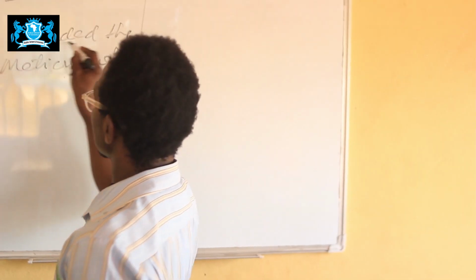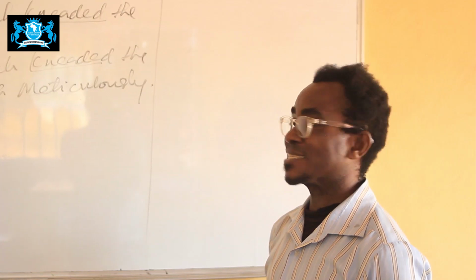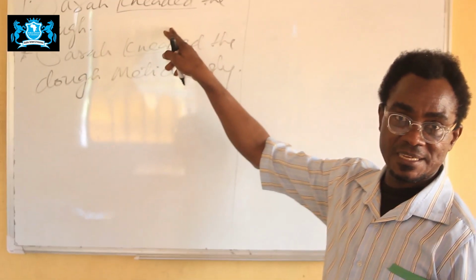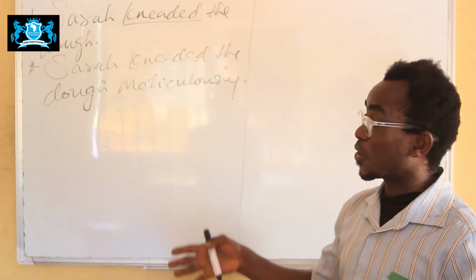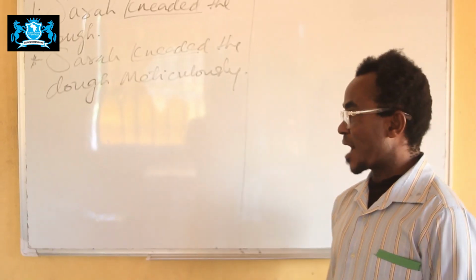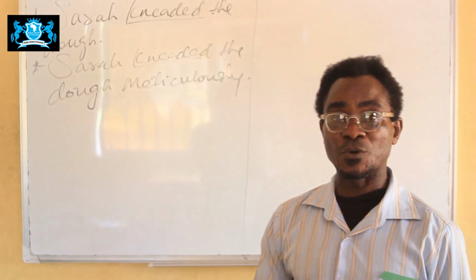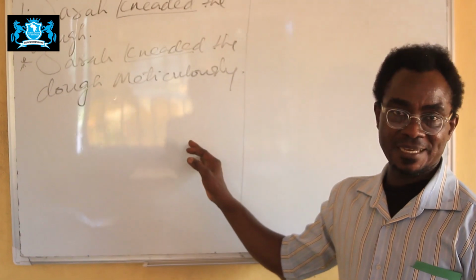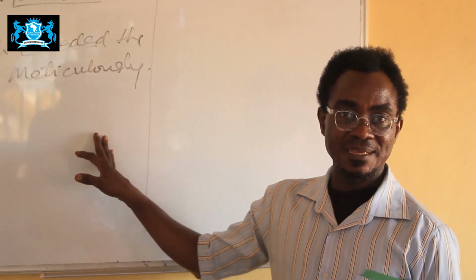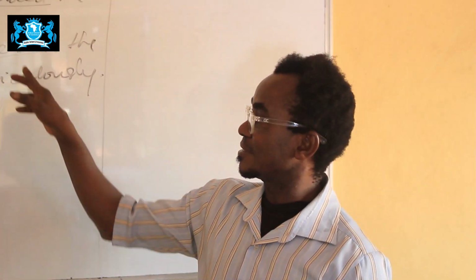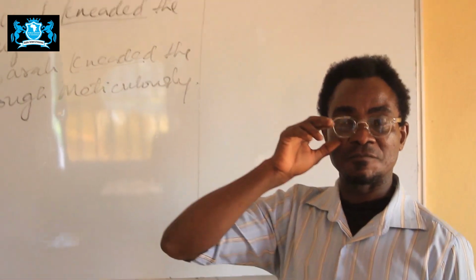There is now a word which tells us something about the verb needed. It says Sarah needed the dough meticulously. So if we now ask, how did Sarah knead the dough? We would say meticulously. Meticulously is an adverb. It tells us more about the action of the verb needed.